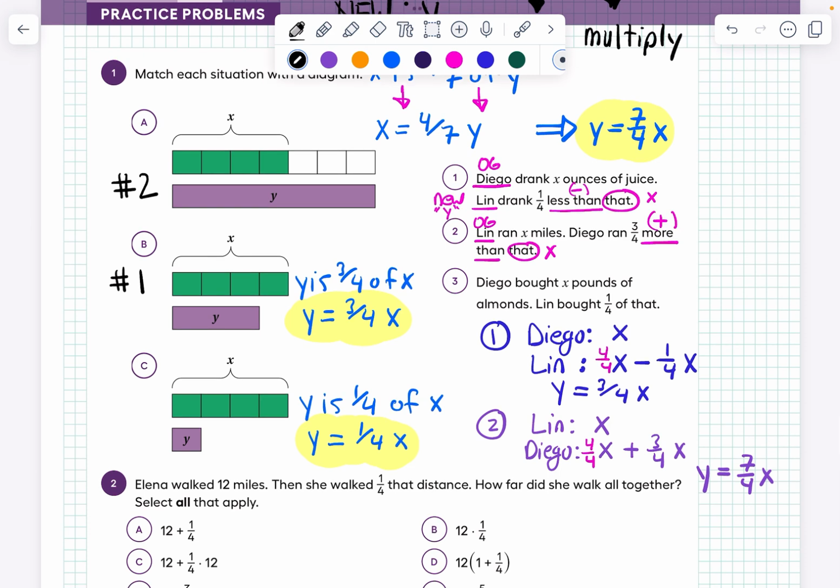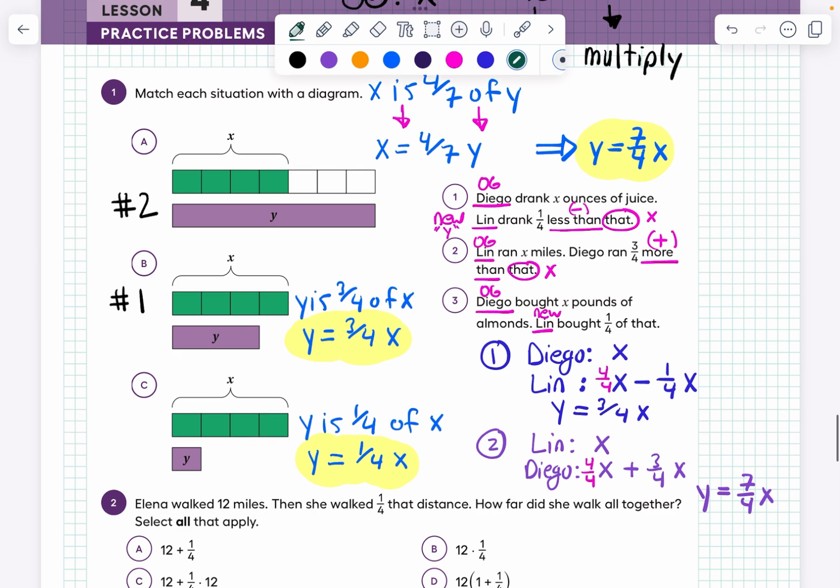All right, number 3. Diego bought X pounds of almonds. Okay, so Diego's the OG, and Lynn bought 1/4 of that. She's the new amount, which is her Y value. I'm kind of running out of space, but that's okay, just find some space somewhere.